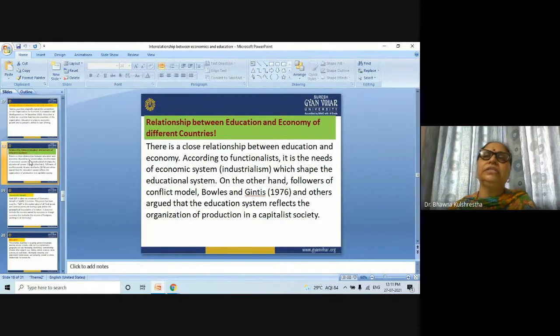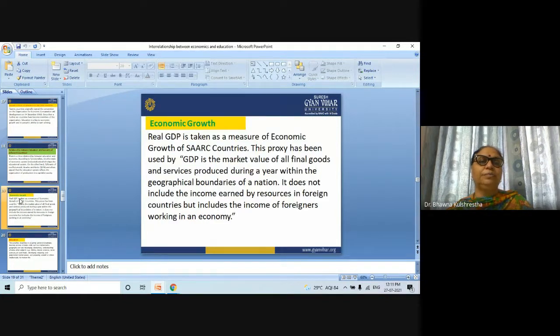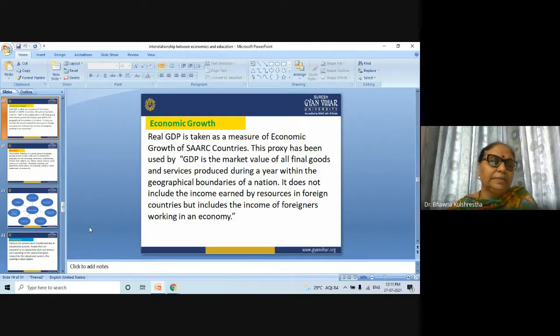The next is economic growth. The real GDP is taken as a measure of economic growth of SAARC countries. For SAARC countries, this proxy, GDP, has been used.